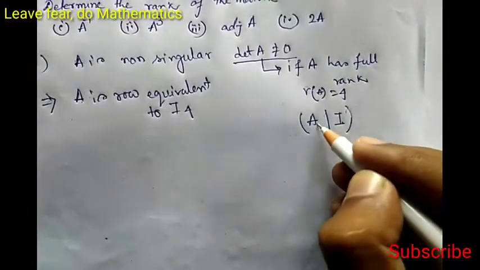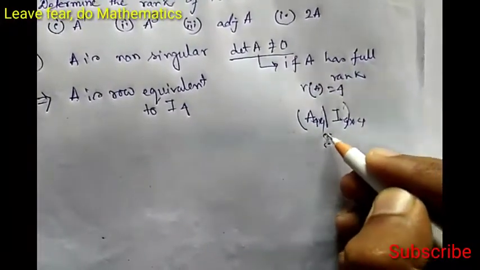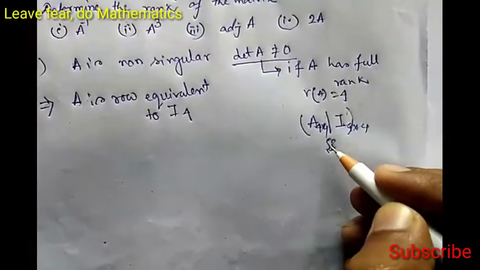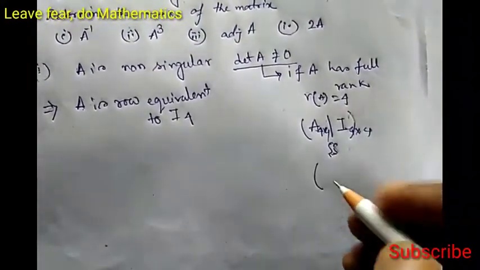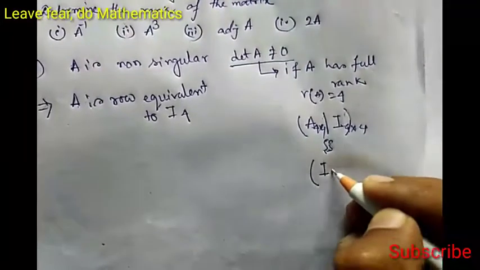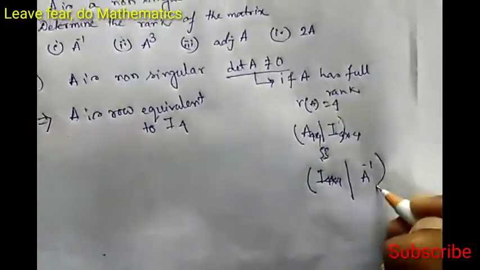Both of them have the same order, 4 by 4, and this is the identity matrix of order 4 by 4. Then we perform elementary row operations. After some elementary row operations, we come to this stage: A becomes I4 and this I becomes our required A inverse.